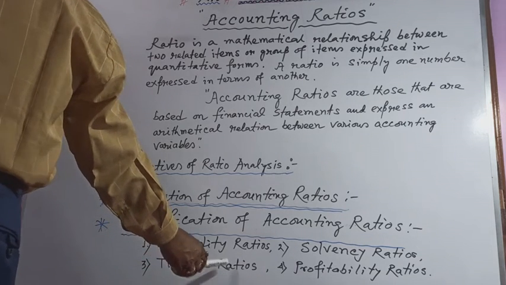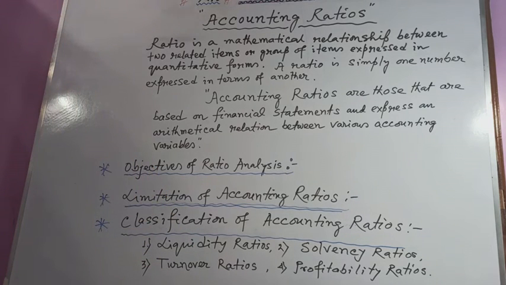Point number 3, turnover ratio, or activity ratio. These ratios are also called performance or activity ratios. These ratios indicate how efficiently and profitably the total capital, working capital, fixed assets and other inventory of the business are used.